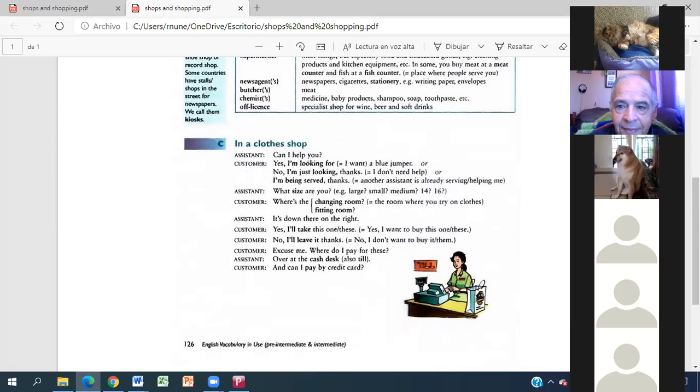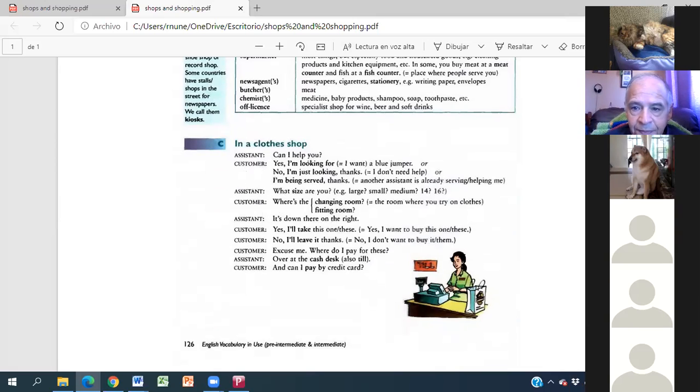Okay. Can I help you? Yes, I'm looking for a blue jumper. Oh. What size are you? You have to choose one of those. Or you can say large, small, medium. You decide. Large. All right, continue. Where is the changing room?